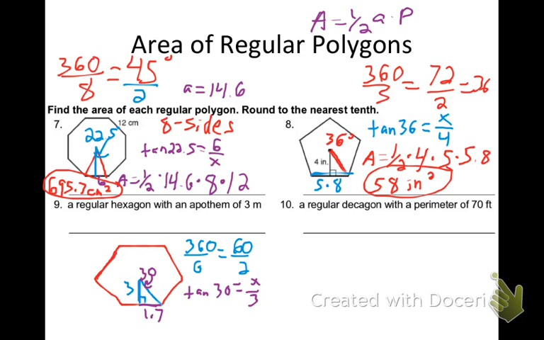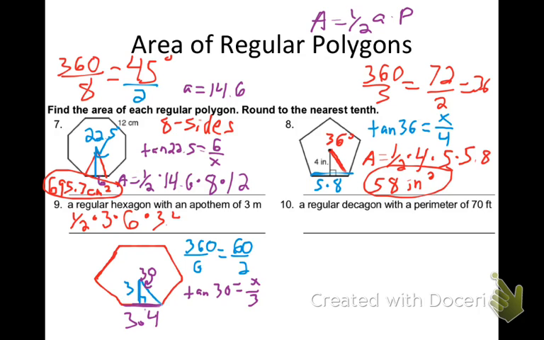How do I find the whole side then? I have to double it. So the whole side down at the bottom would give me what then? 3.4. Now do I have enough information that I can plug it into my formula? You bet. So I would do half, what's my apothem? 3. Times my, how many sides are in this? 6.